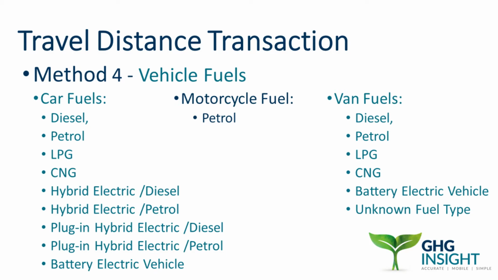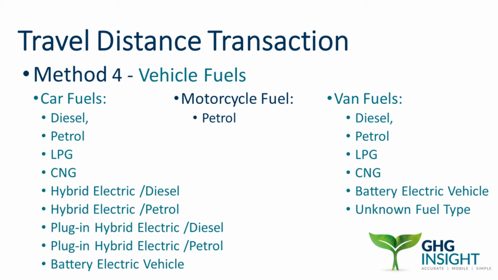The fuel types available for cars are the same as before: diesel, petrol, LPG, CNG, hybrid electric diesel, hybrid electric petrol, plug-in hybrid electric diesel, plug-in hybrid electric petrol, and battery electric vehicle. Fuel type available for motorcycle is petrol.